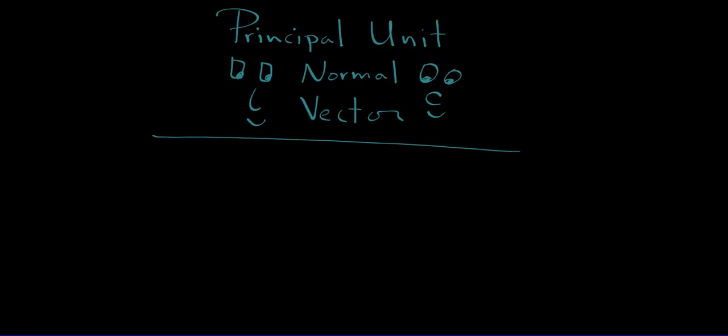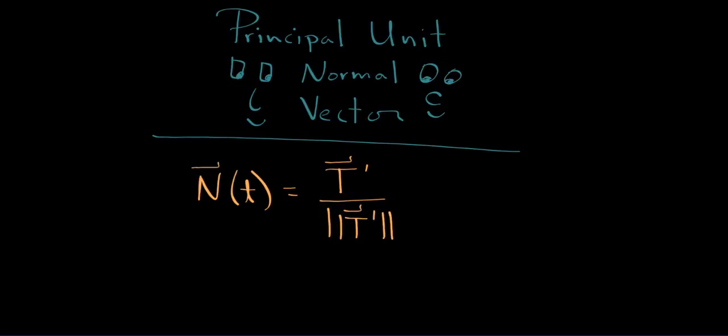Now, let's just take a minute, and I want to show you. First of all, let me tell you what the principal normal vector is. The principal normal vector is a vector that we denote with a capital N. And what it's going to be is the derivative of the tangent vector over the magnitude of the derivative of the tangent vector.